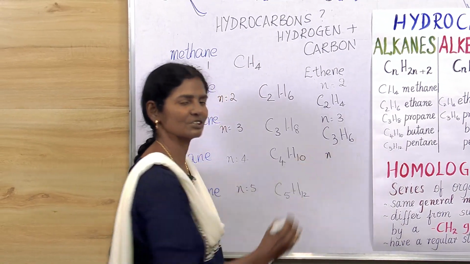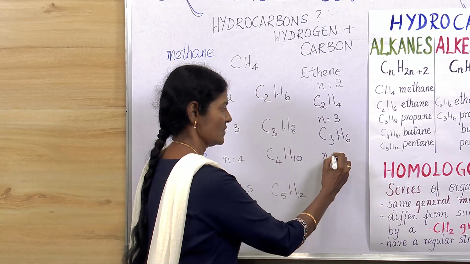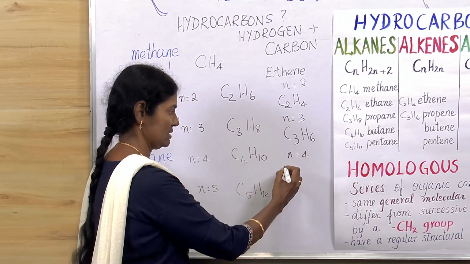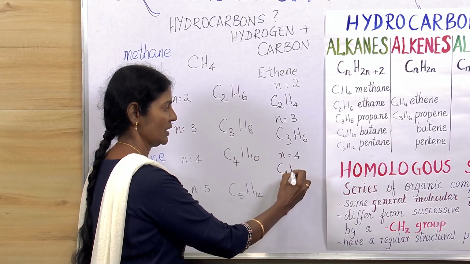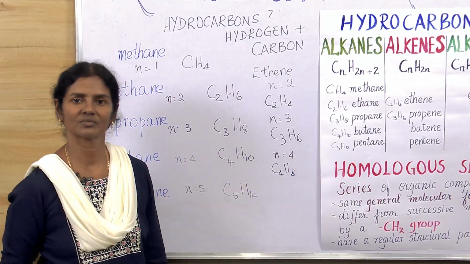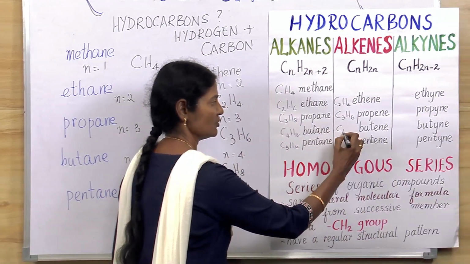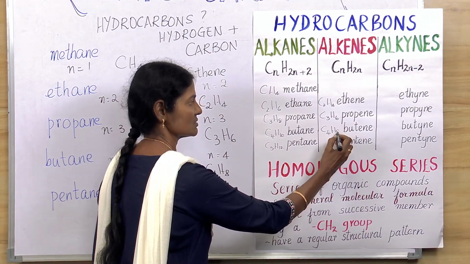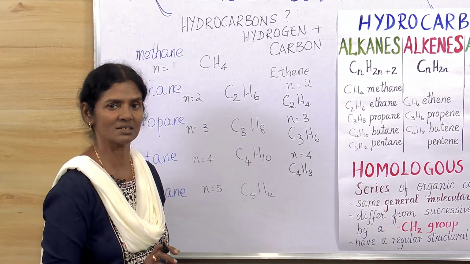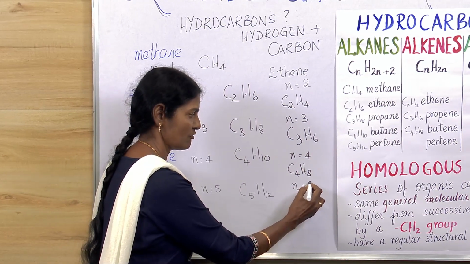Let's go to the next one. Butene. But. What is but? The root word is for 4 carbon atoms. Therefore, N is equal to 4. Apply that: C will be 4, H would be 2 into 4, that is 8. C4H8. Done. The last one over there, pentene. Pent is the root word when N is equal to 5.